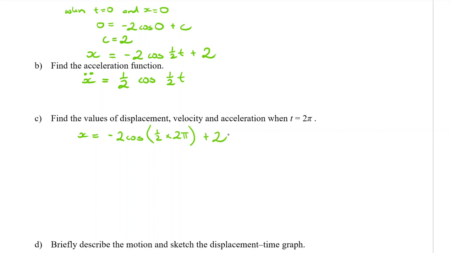Now, half of 2 pi is just pi. But cos of pi is equal to negative 1, which means negative 2 times negative 1 is a positive 2, plus 2 is a positive 4.